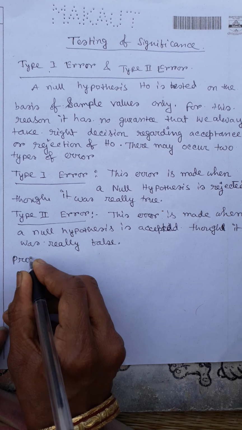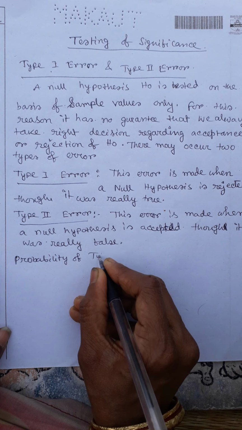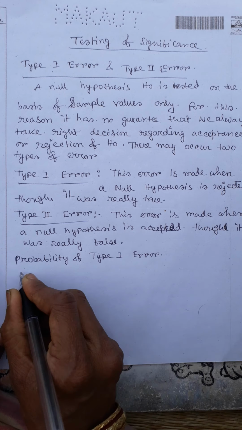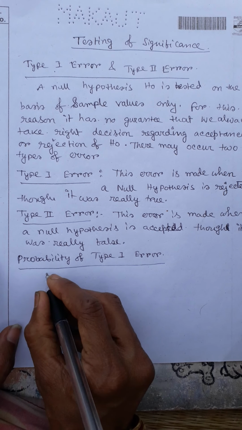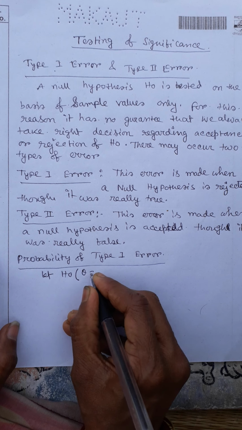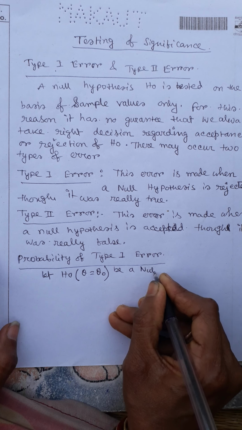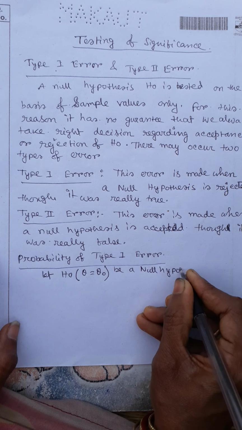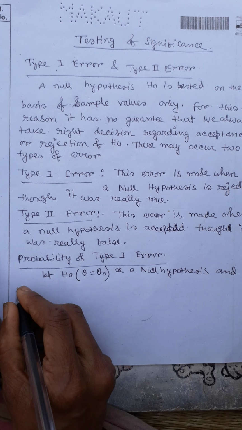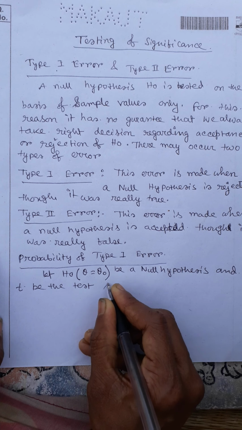Now, probability of type 1 error. Let H0, where theta is equal to theta 0, be a null hypothesis and T be the test statistic.